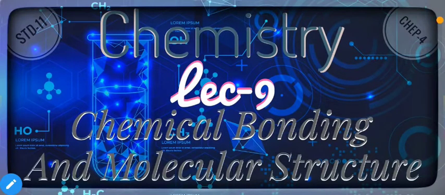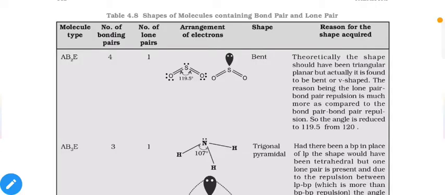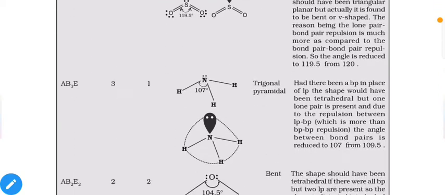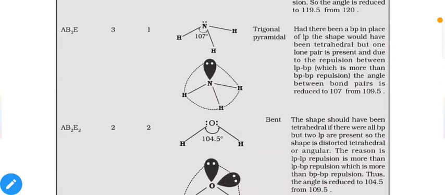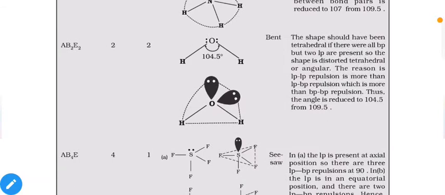But if some of them are lone pairs, then the arrangement of electron pairs around the central atom will be tetrahedral, but the shape of the molecule will be pyramidal, triangular pyramidal, or angular, like the water molecule. In table 4.8, the explanation regarding it is mentioned, and we already observed these structures in 3 dimensions so that we can reduce our confusion.